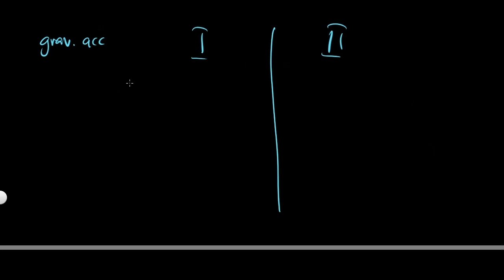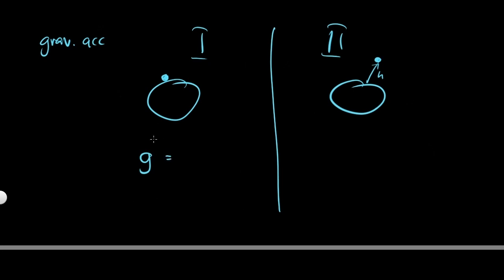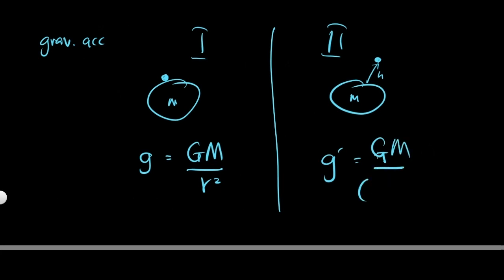The first one, if the object is placed on the surface of Earth, we can use g equals GM over R squared, where M is the mass of the planet. Second, if the object is placed at a certain height from the surface of Earth, g equals GM over (R plus h) squared, where R is the radius of the planet.